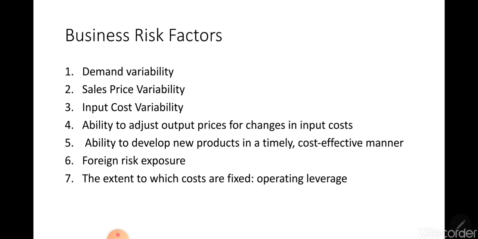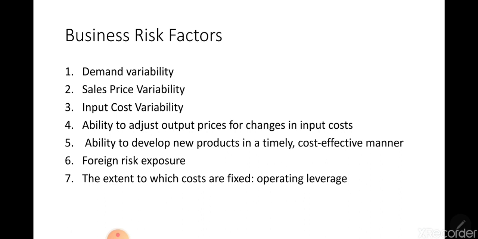Number 4 is the ability to adjust output prices for changes in input prices. So there are some businesses where if the input cost increases, they can pass on that price to the final consumer and increase the output price. So if the input cost can easily be converted into output prices, then the business risk will be less in this case.